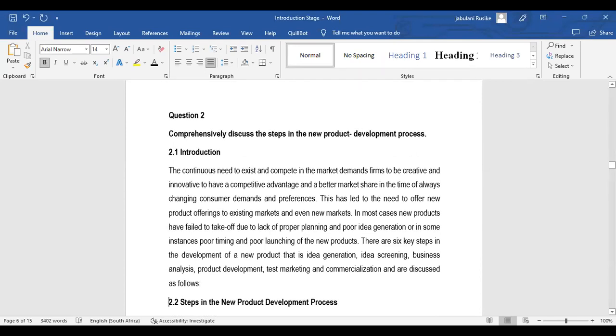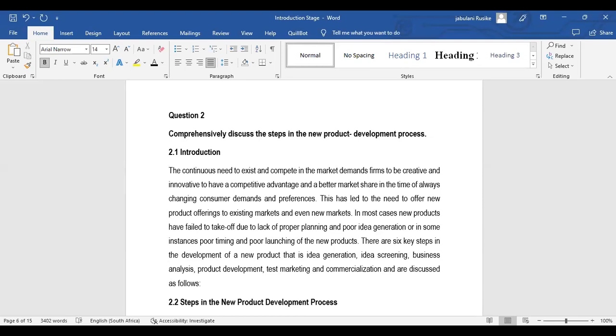You introduce what you want to say, and when you write your assignments, you should be very, very organized. Like you see my numbering here, so that even when the marker is marking, it's easy for him to identify what you've written if things come by headings and subheadings and with what? With proper numbering, right?